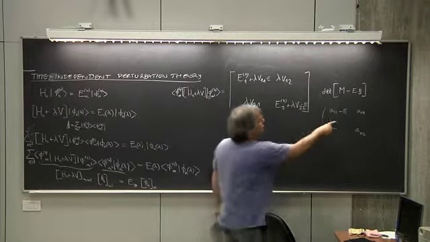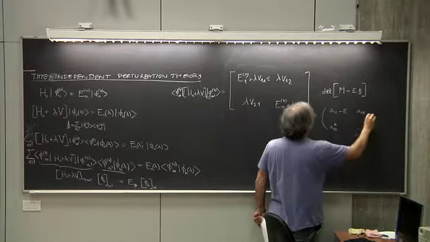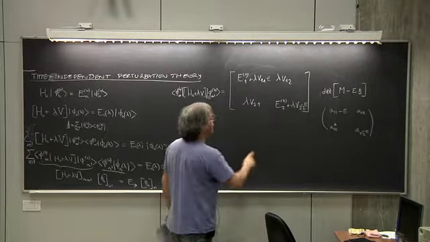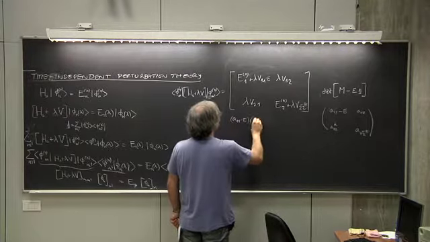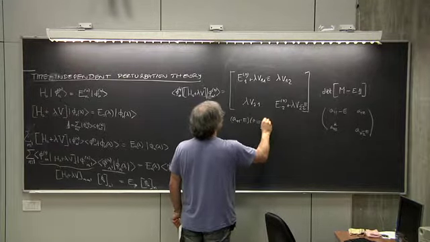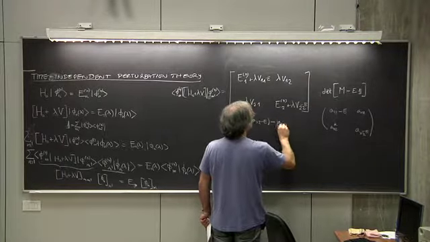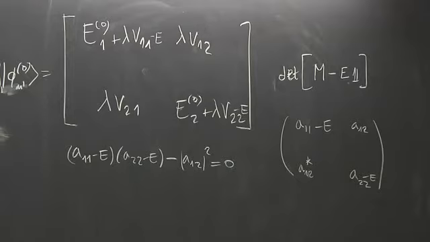So this is just the star of that element, A12 star. So minus E. How do you solve this problem? Well, it's A11 minus E times A22 minus E minus A12 squared, which should be set equal to 0.